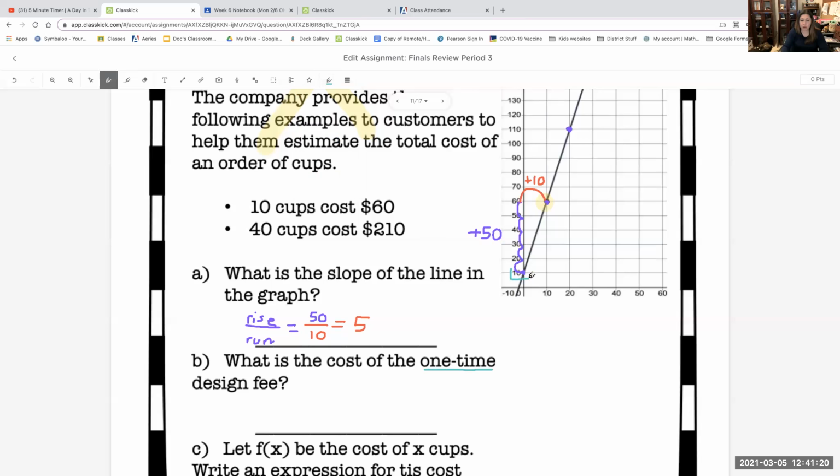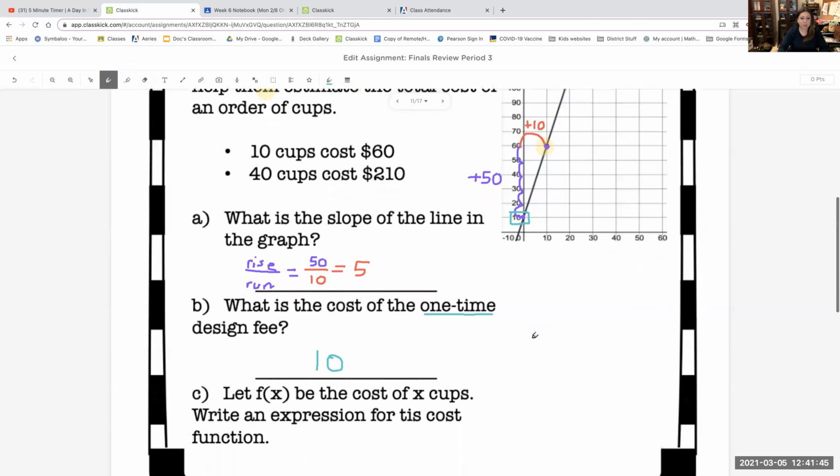It's our y-intercept, or our initial value. So our initial value is 10. So that would be our one-time fee. Does that make sense? Thumbs up if yes. Clap if no. Did I lose you? Okay, I'm assuming yes.